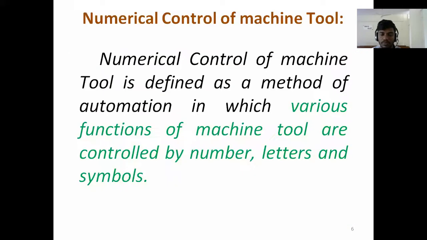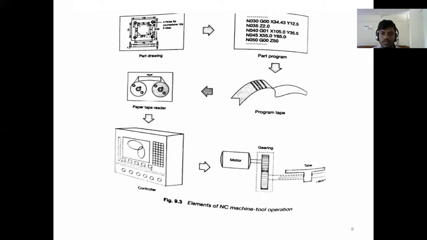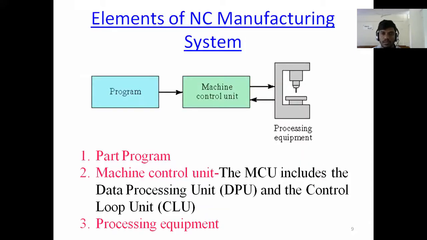Okay, then we discussed the initial stages of the elements of the NC machines. These are some images here. You can understand how the elements work for the NC machine tools. These are some important elements of the NC manufacturing system: part program, machine control unit, and processing unit.